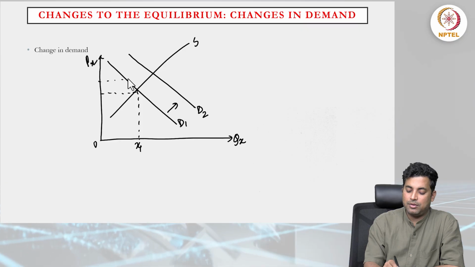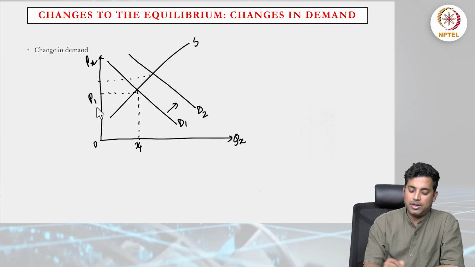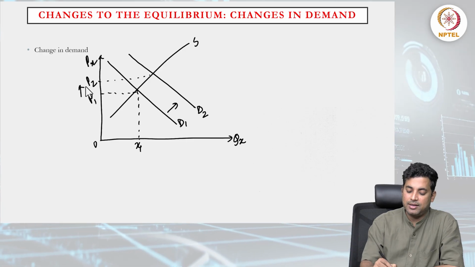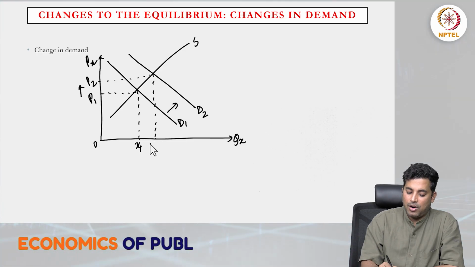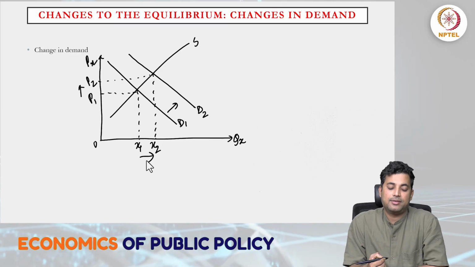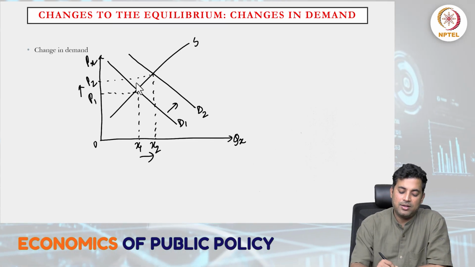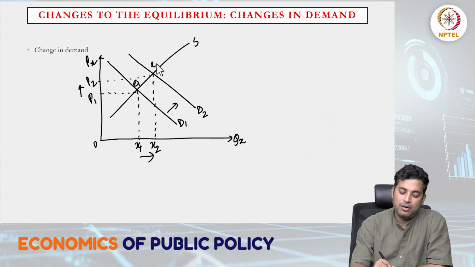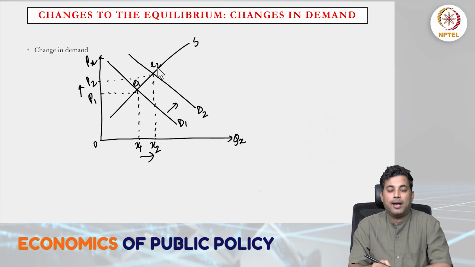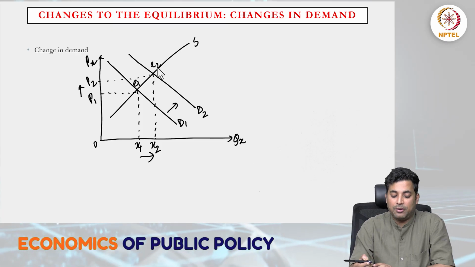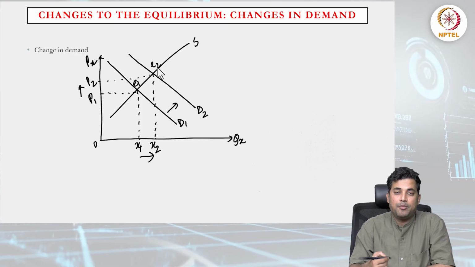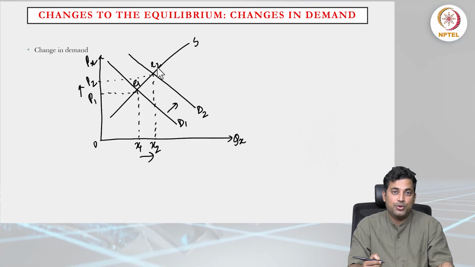The price of that commodity will increase, and the quantity will also increase. The equilibrium point changes from E1 to E2, the quantity of the commodity increases from X1 to X2, and the price increases from P1 to P2.